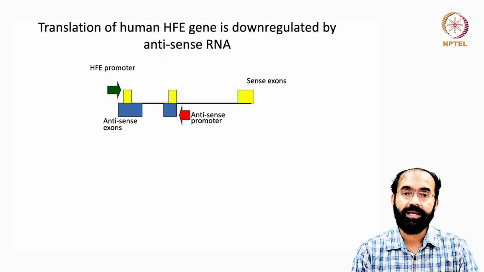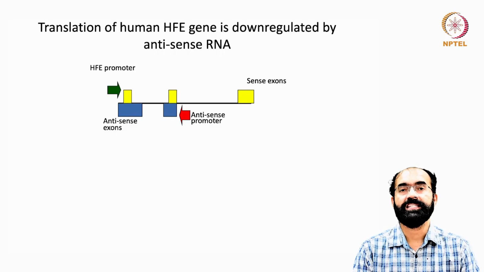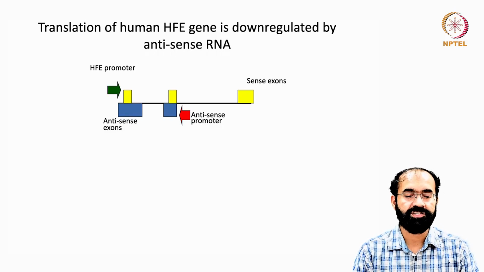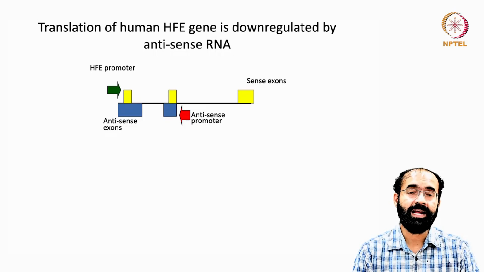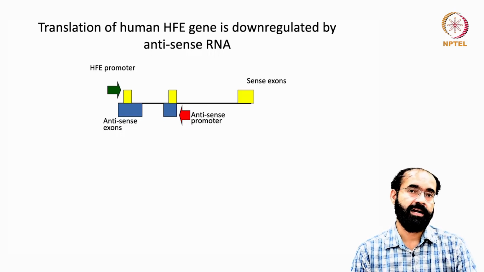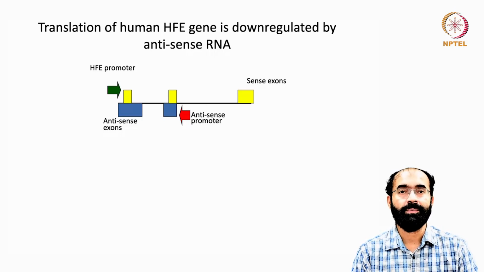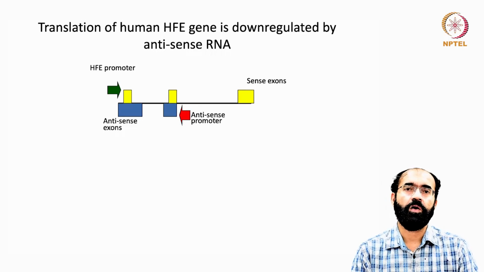HFE is the sense gene, with the exons responsible for HFE protein production, and these exons are properly spliced later and the RNA can be formed. But on the other hand, the other strand of this DNA can have an antisense promoter which can make an anti-HFE RNA, that is an RNA complementary to the HFE RNA.